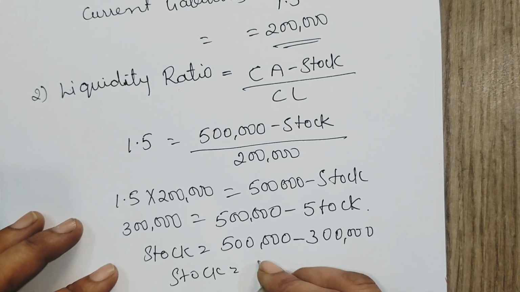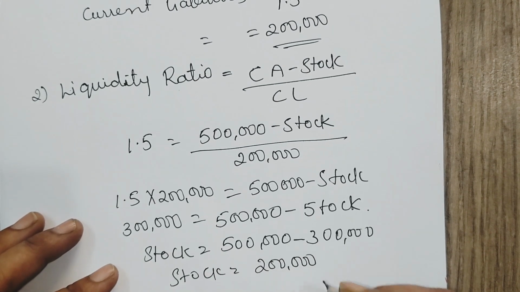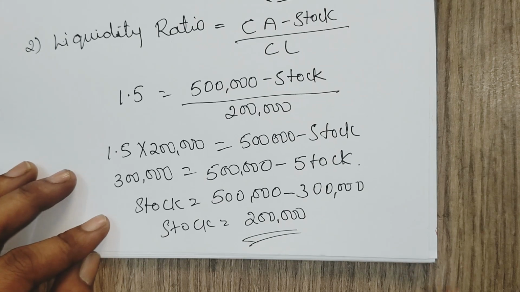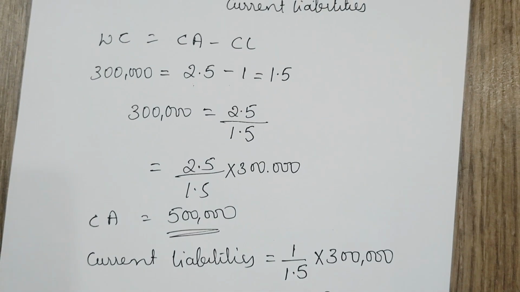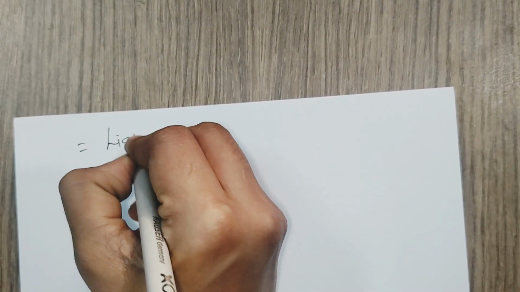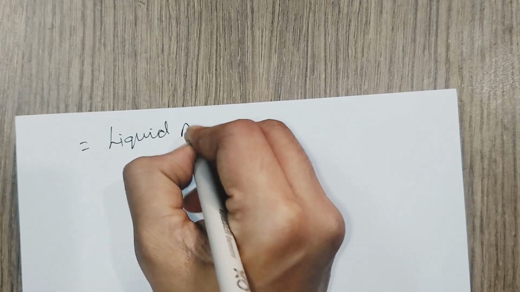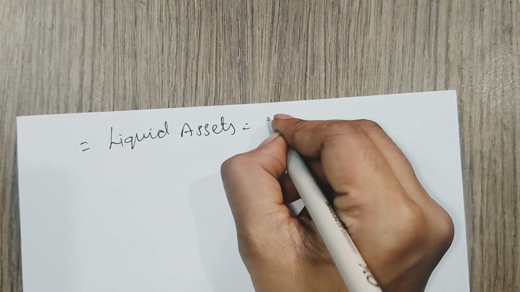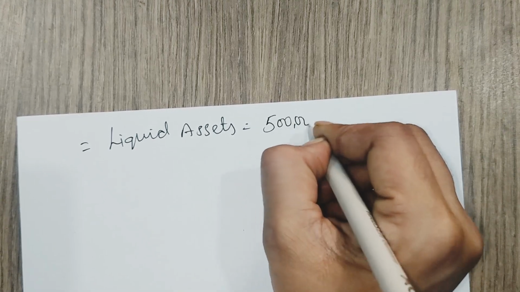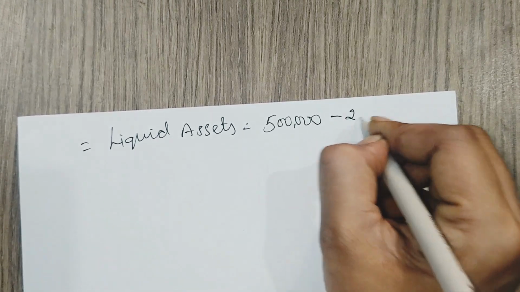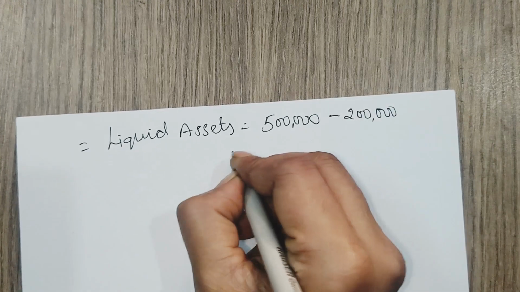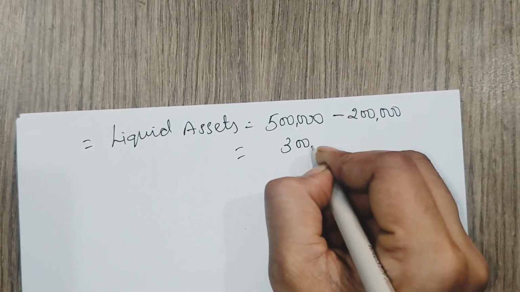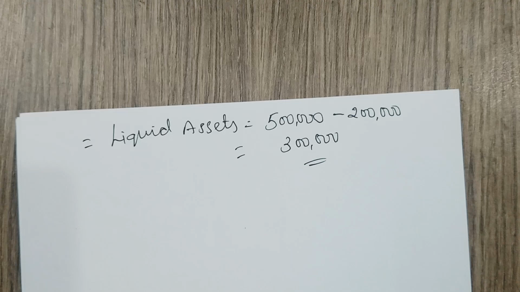Stock is 2 lakh. Let us calculate now. Liquid asset is total current asset 5 lakh minus stock 2 lakh, so 3 lakh is liquid asset.